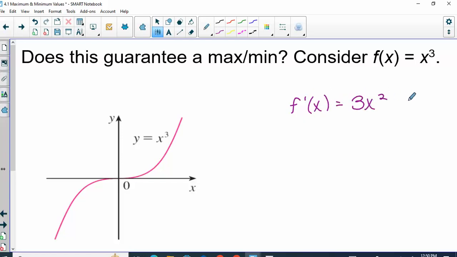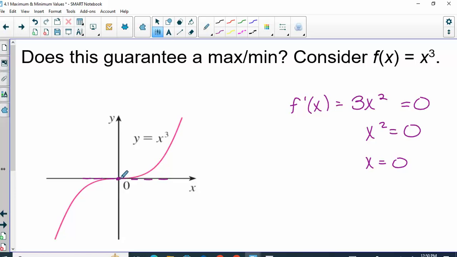3x squared. If you set that equal to 0, divide by 3 and square root, you get x equals 0. It's saying we have a horizontal tangent line at 0, but was it a maximum or a minimum?